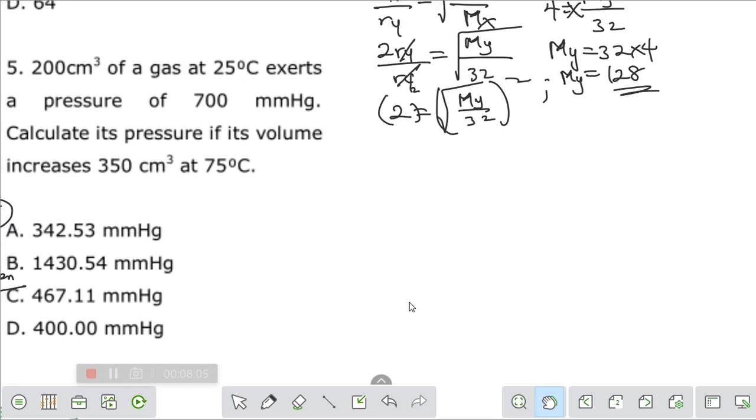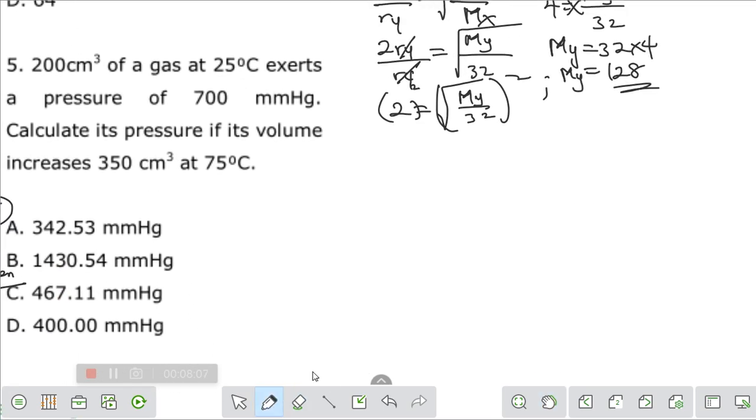So this one is actually on Boyle's law, and I've taught you that also. You can see that almost everything, I've taught you everything. So 200 cm cube of a gas. Stoichiometry like that, I think I've taught you empirical and molecular formula already. So I sent a particular video on Telegram. So look at this now.